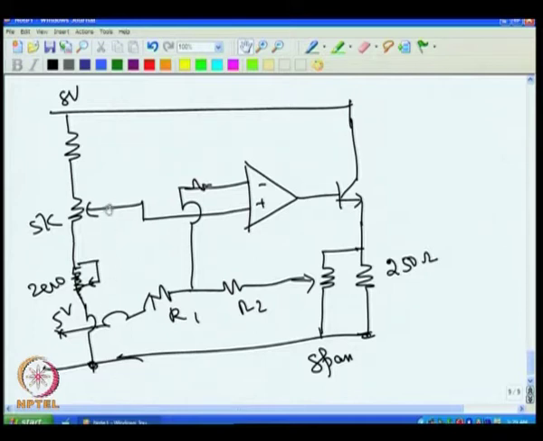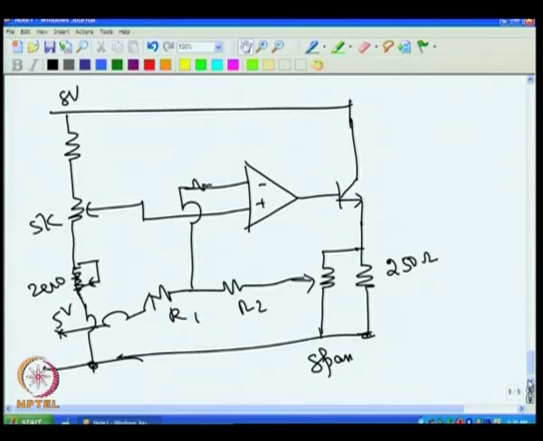Then again you come back to this end, adjust this to get 0, then go back to the other end, adjust this to get 20 milliampere. The span and 0 adjustment is provided to make sure that at the other end the current is exactly 20 milliampere, and at one end it becomes exactly 4 milliampere. So this is how the 4-20 milliampere current transmitter is designed, and then this is used as a current transmitter.